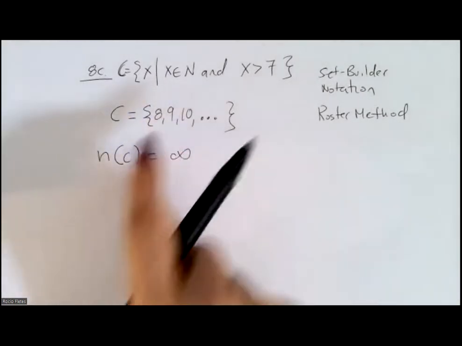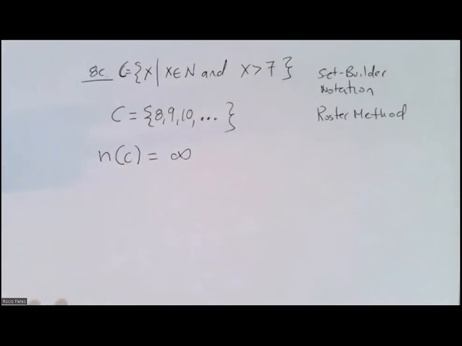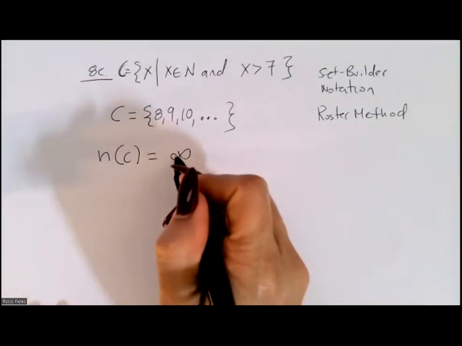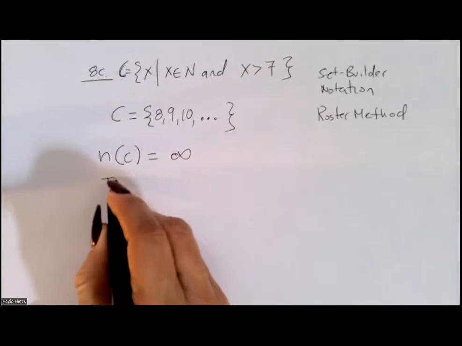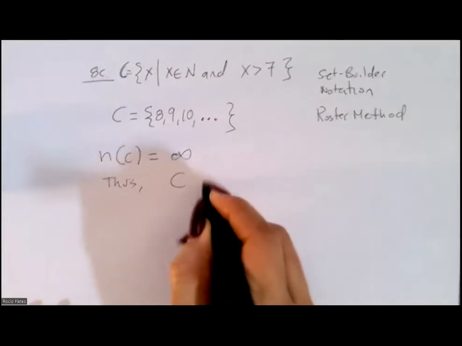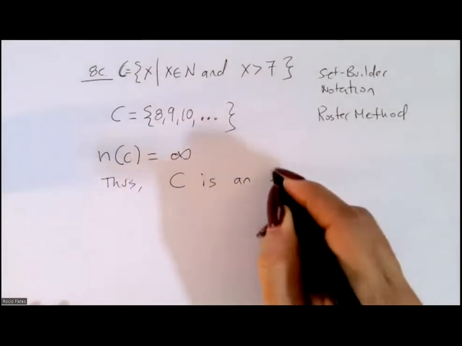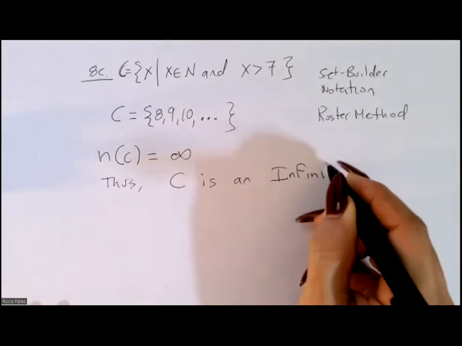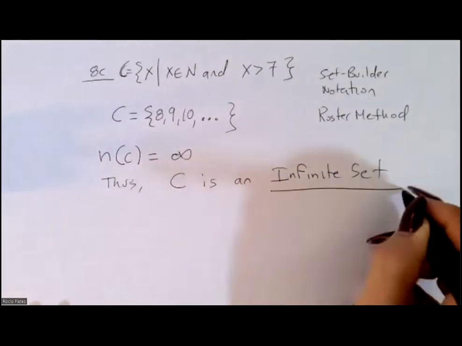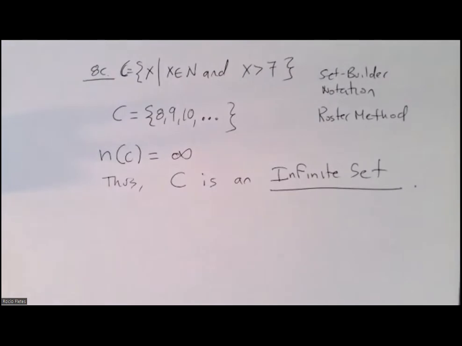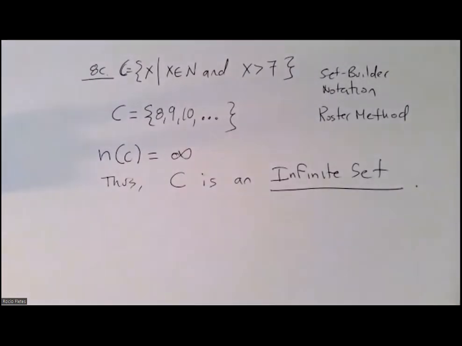How many distinct elements are in the set C? Infinite. So thus C is an infinite set because its cardinality is infinity, all right?